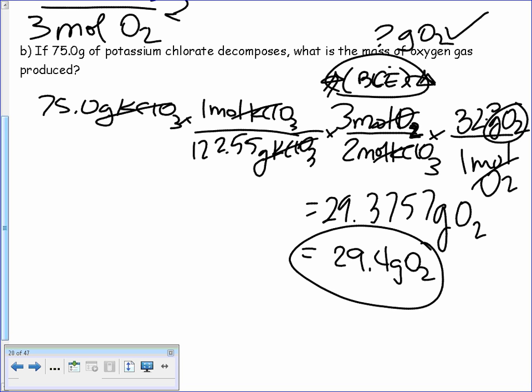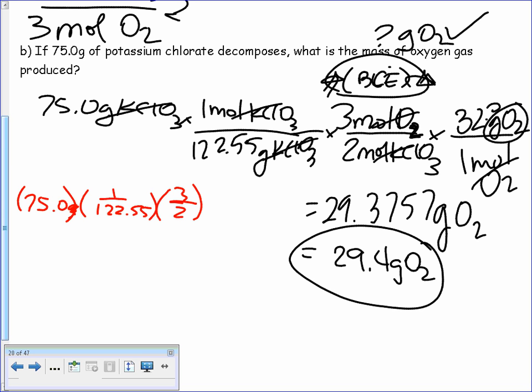Good question. So a lot of people forget to multiply by 3 and divide by 2. So in your calculator, who's a parentheses person who likes to put all kinds of parentheses? Okay, I would put 75.0 times 1 divided by 122.55 times 3/2.